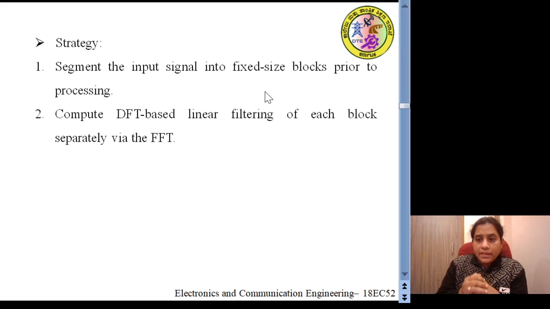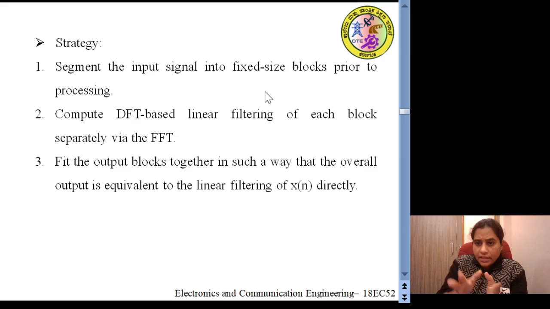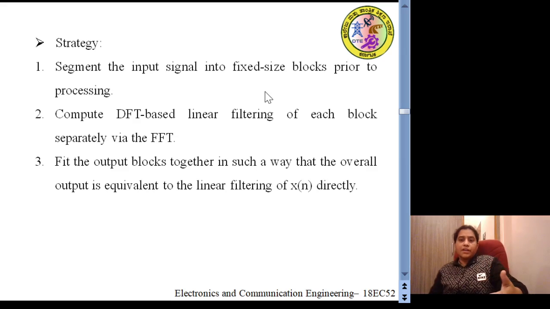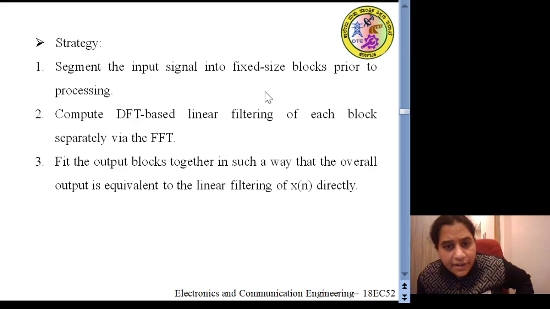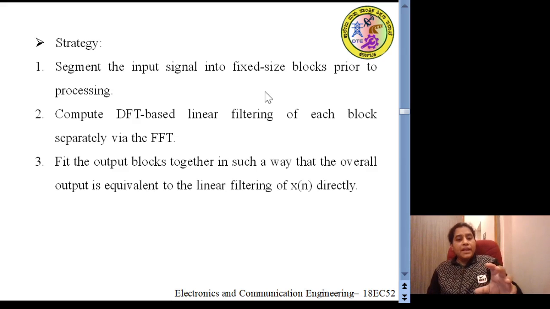Next, we compute the DFT based linear filtering of each block separately using FFT. Because of that computation of DFT based linear filtering of each block, we obtain blocks of output.